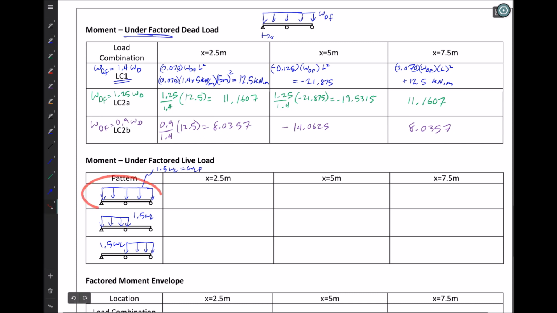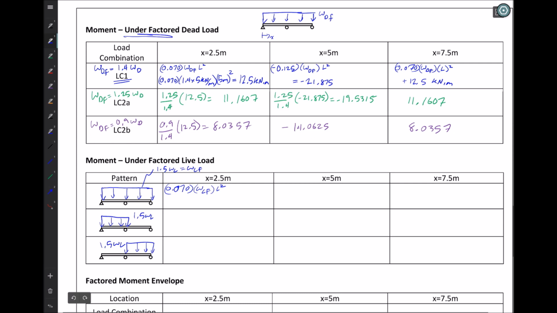The distribution of load for this first pattern is the same as for the dead load, so we won't need to go back and look at that table. We can just pull these factors out here. Or we could take that 12.5 and scale it by the magnitude of WLF divided by WDF. But instead, we'll go through the coefficient term. 0.070 multiplied by WL factored multiplied by L squared.